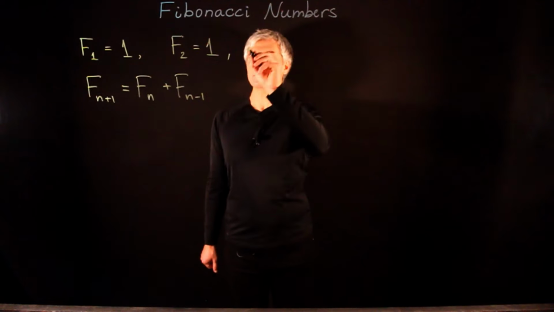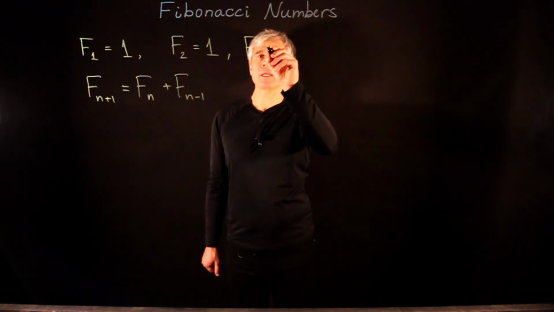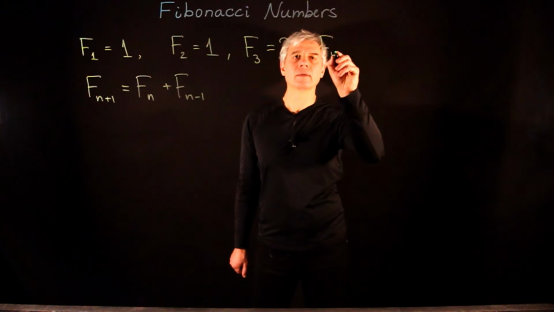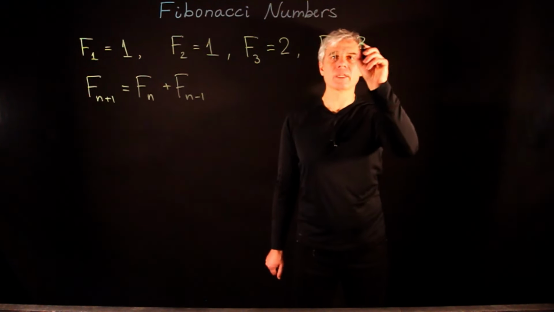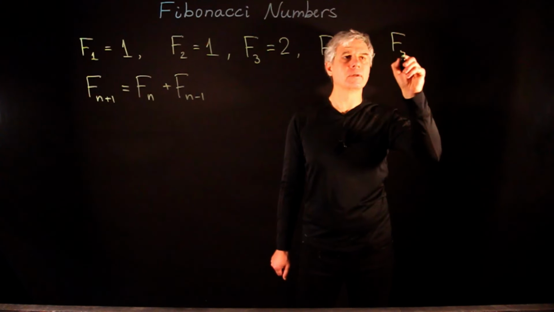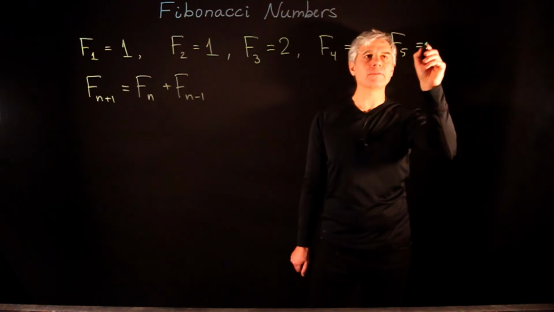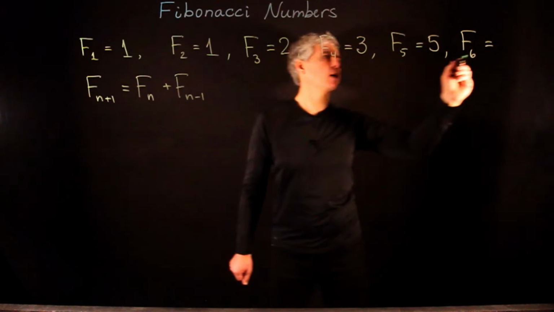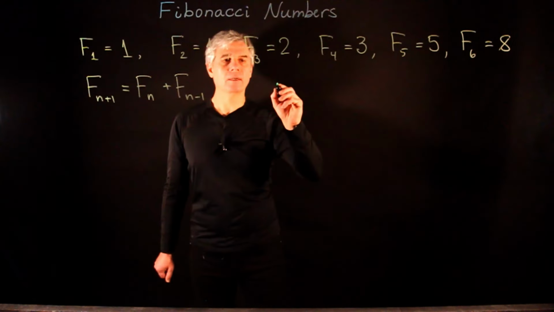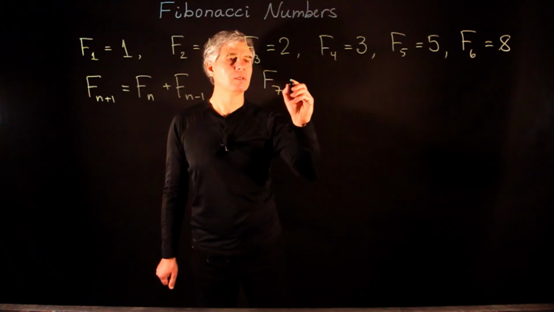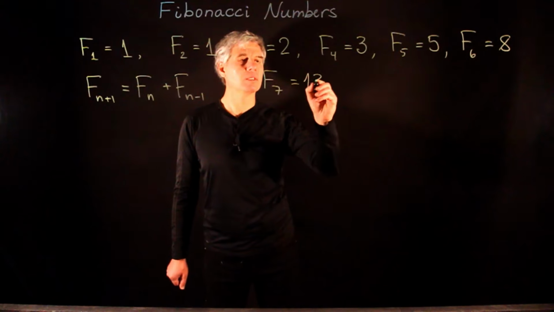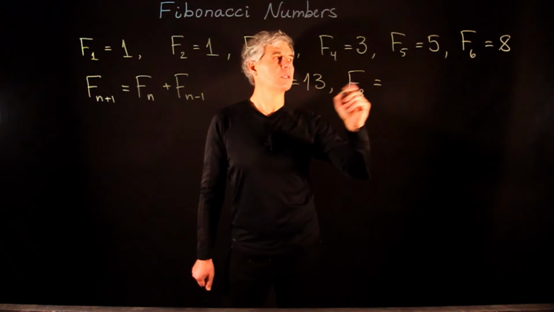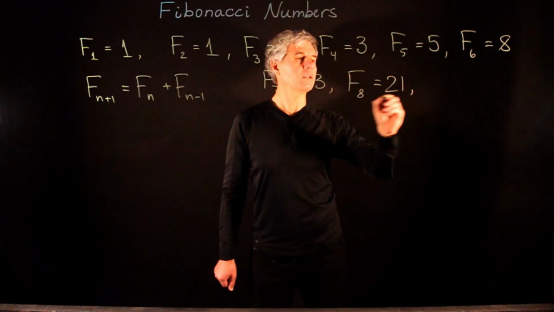So we can extend this sequence by saying that f3 is equal to 1 plus 1, that's 2. f4 is 1 plus 2, that's 3. f5 is 2 plus 3, that's 5. f6 is 3 plus 5, that's 8. f7 is 5 plus 8, that's 13. f8 is 8 plus 13, 21.